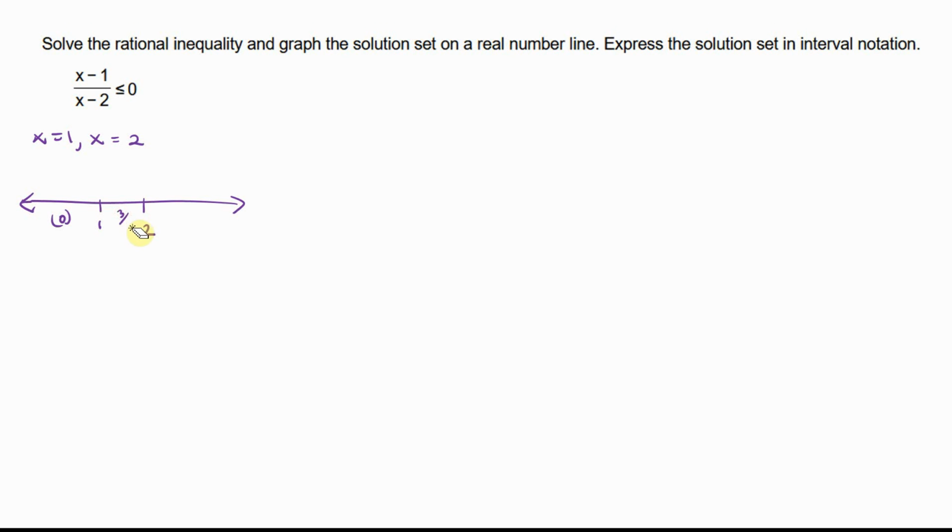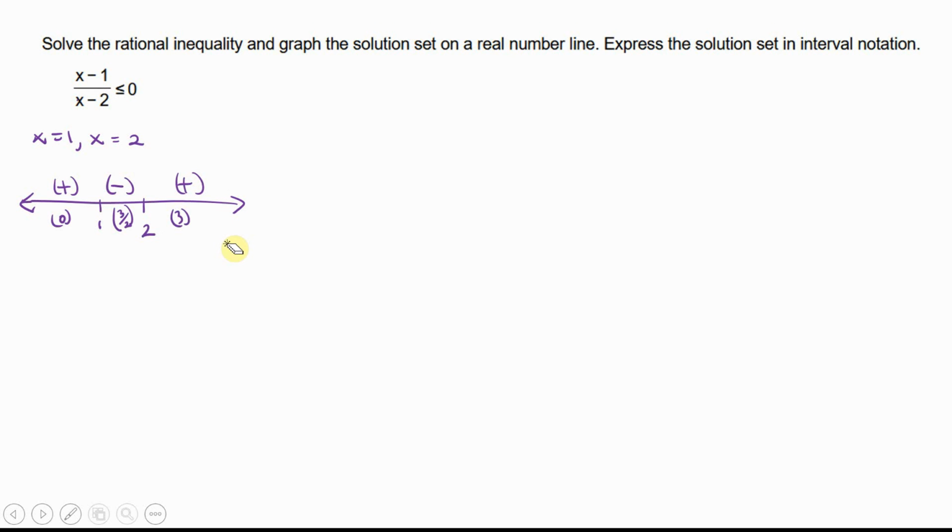See, 3/2 is there, or 1.5, right? And then a 3. Again, all I want is the sign. Plug in the 0 there and there, you get negative divided by negative, you get positive. Take that 1.5, plug it into the numerator. 1.5 minus 1 is 0.5, that's positive. 1.5 minus 2 is negative 0.5, so that is positive divided by negative, we get negative. Put the 3 in, we get positive and positive, we get positive.